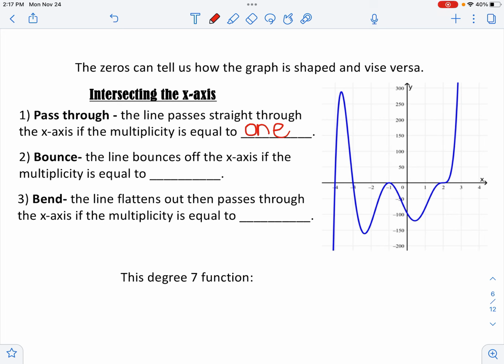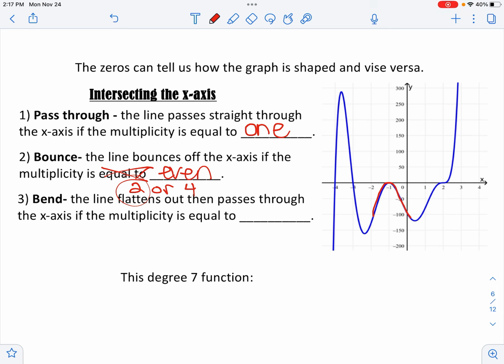If you get a situation where it bounces off the x-axis, so like here, where it goes up and then bounces away, what it really means is the multiplicity is even, but for our purposes, it's probably going to be 2 or 4 because we're not going to get that big. Probably most of the time it's going to be equal to 2. But when you see a bounce, it really is an even multiplicity.